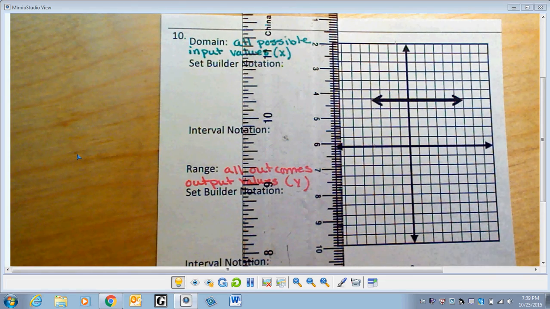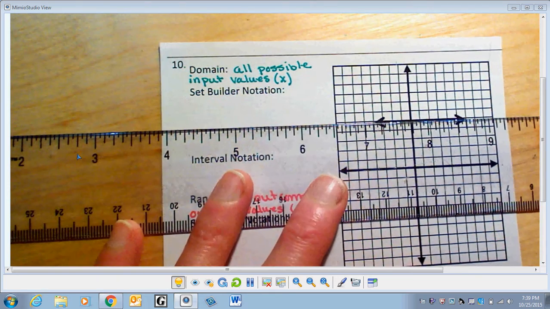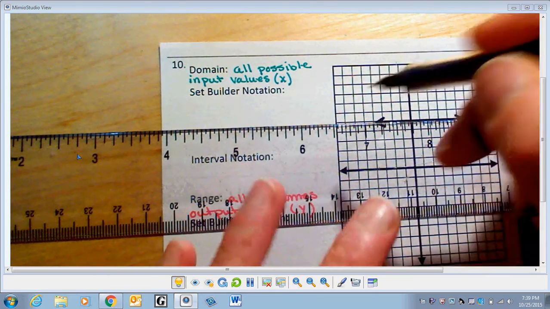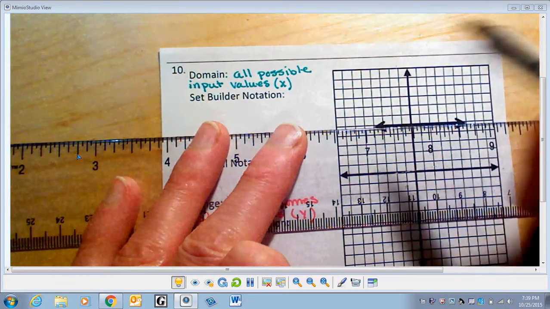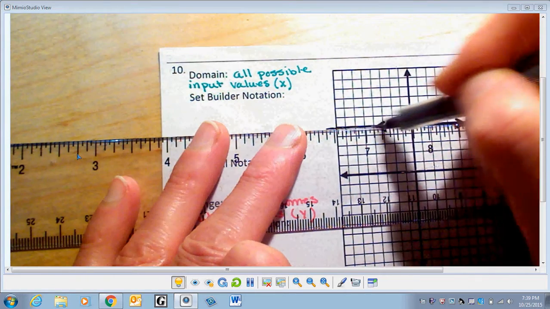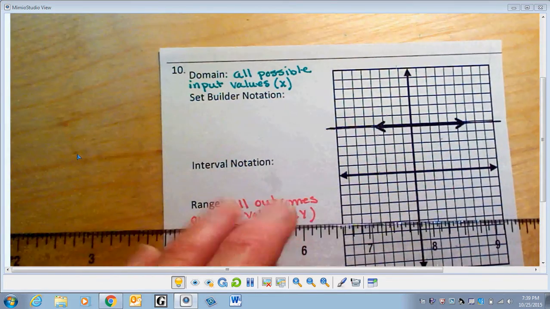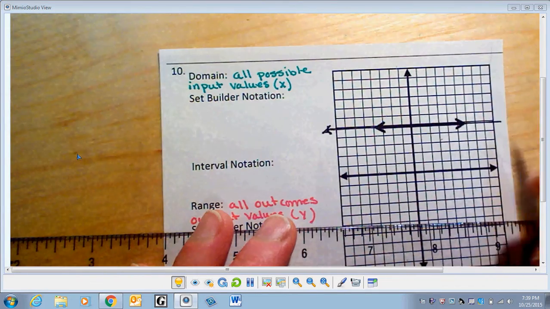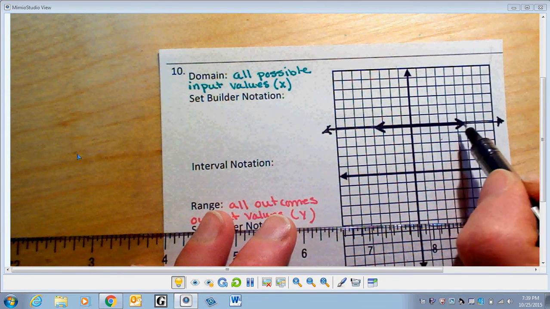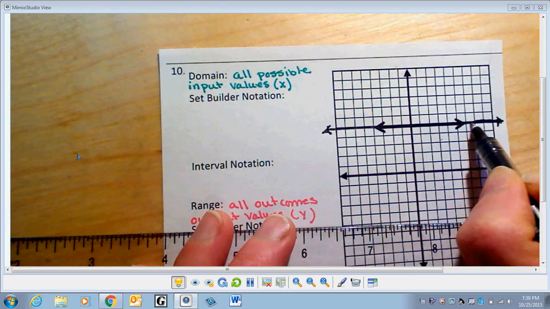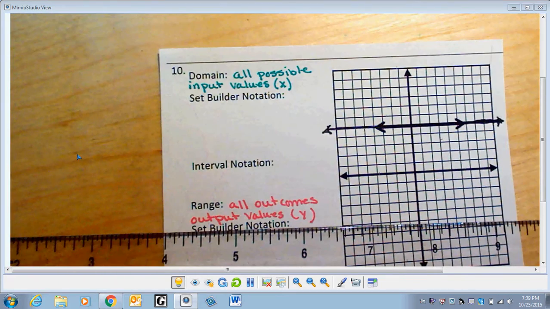So I'm just going to take another pen and I am going to extend this part of the graph to show that this is actually going everywhere that way and it goes forever that way, okay? So notice how that's what I have to think in my head, that these arrows are going forever in either direction.